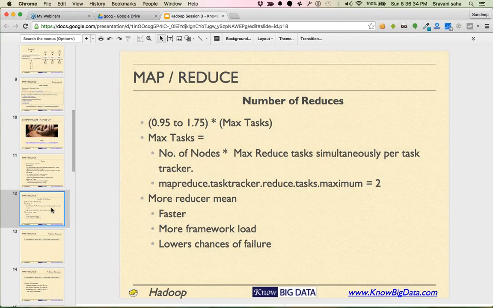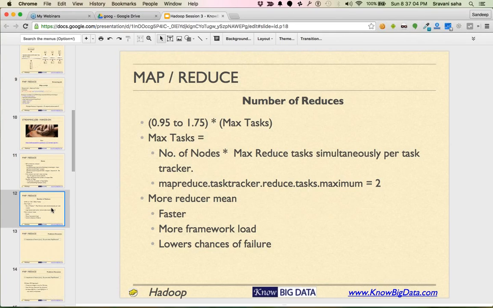The general recommendation is to find out how many maximum tasks you can execute on your machines. A general rule of thumb is one CPU, one task. So if you have dual core, you have two tasks configured on each node.